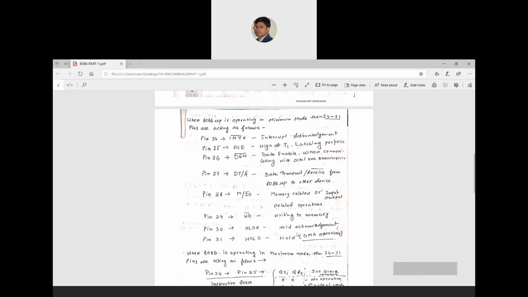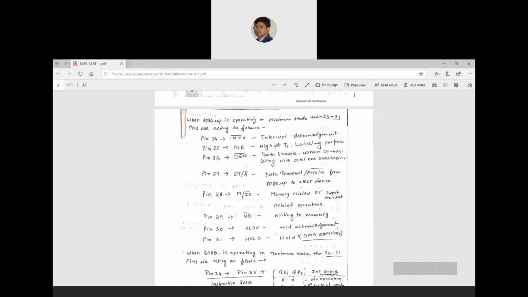So basically the concept is, when it is operating in minimum mode, it is the single control unit. It has to control each and every operation, like your interrupt, your DMA, your memory related or IO related decision. Whether to write or not, whether to read or not, that should be decided through the 8086.